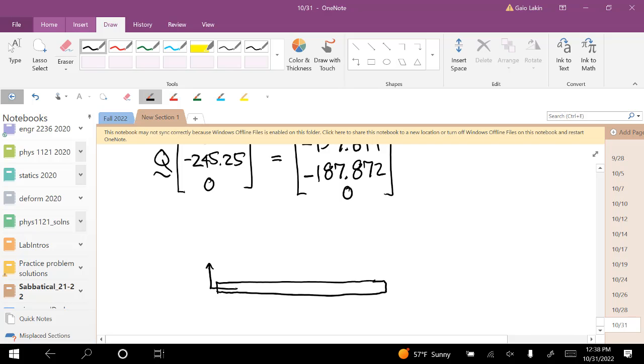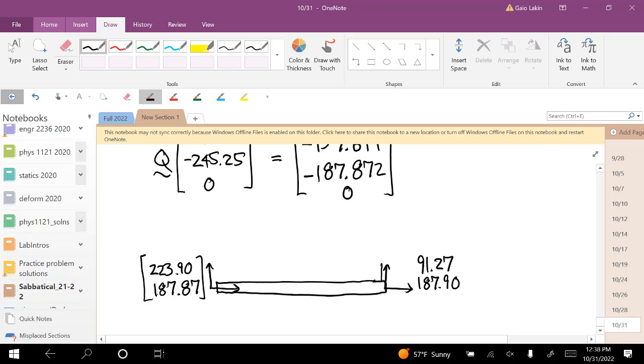So here's what we have. 223.90, 187.87. On the other side, we have 91.27, 187.90.